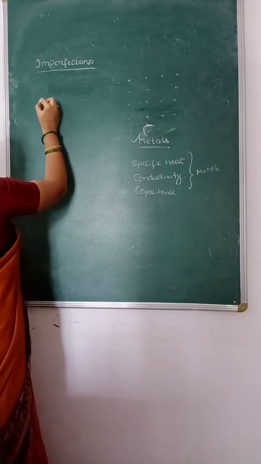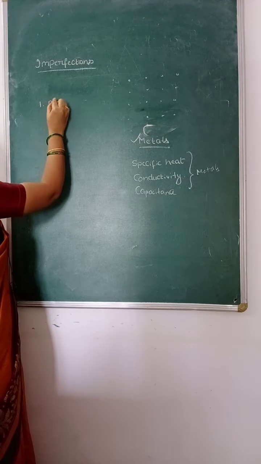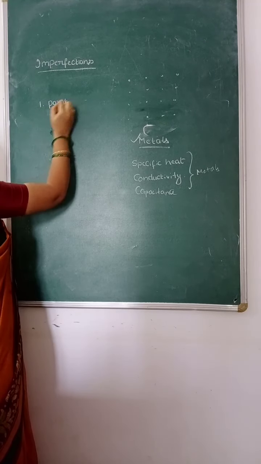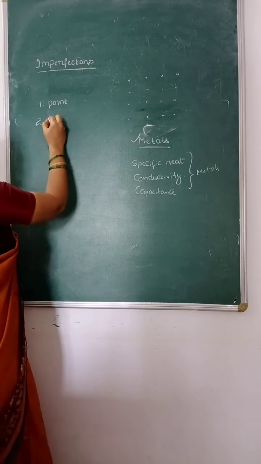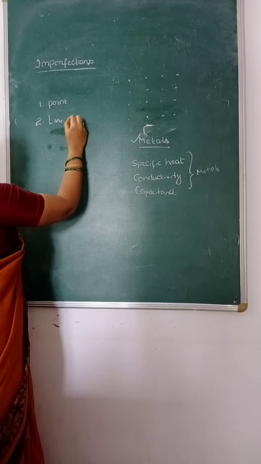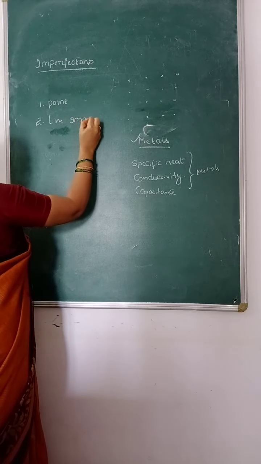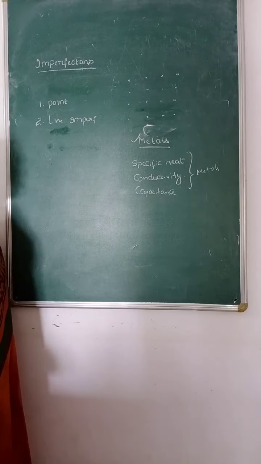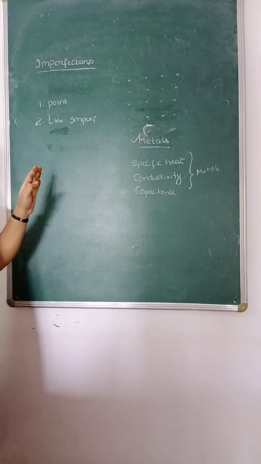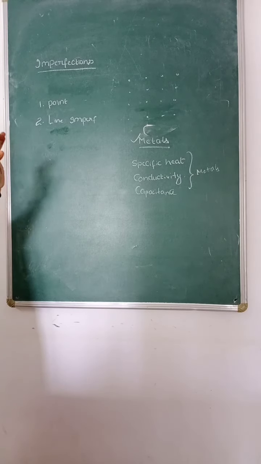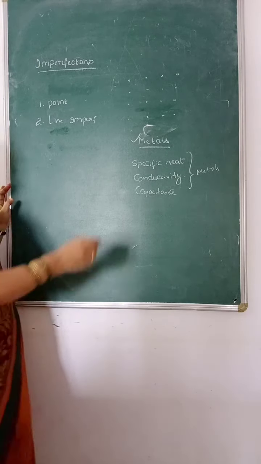There are two types of lattice imperfections: point imperfections, and second one is line imperfections. What is a point imperfection? Point imperfection means the smallest imperfection.